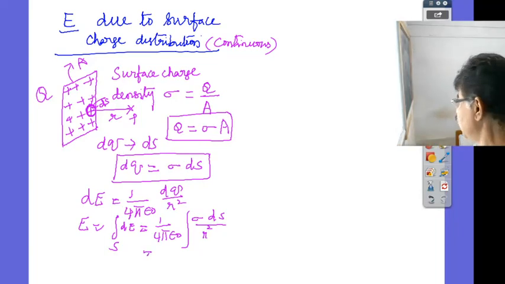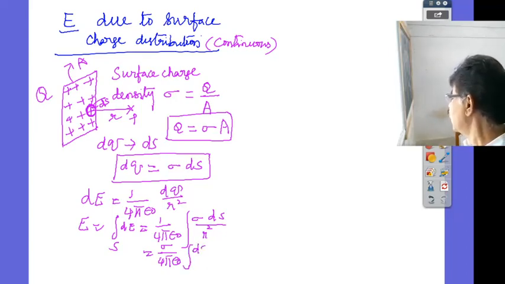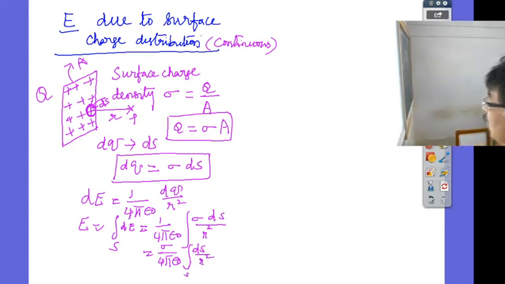Now this is equal to sigma by 4 pi epsilon naught integral dS by r square. Again, a surface integral is what you are supposed to write.